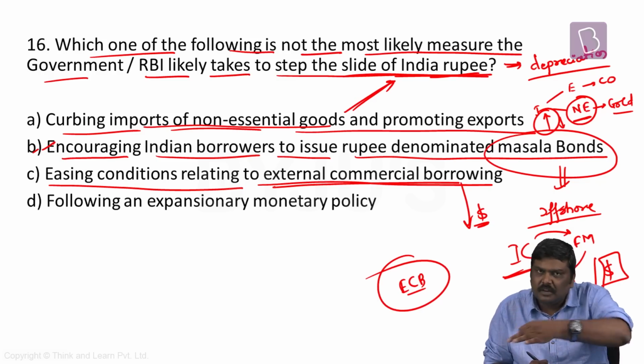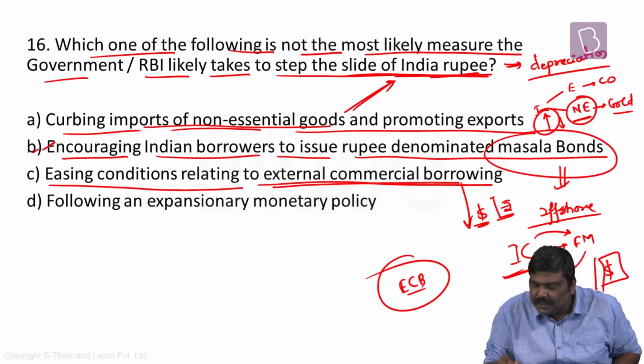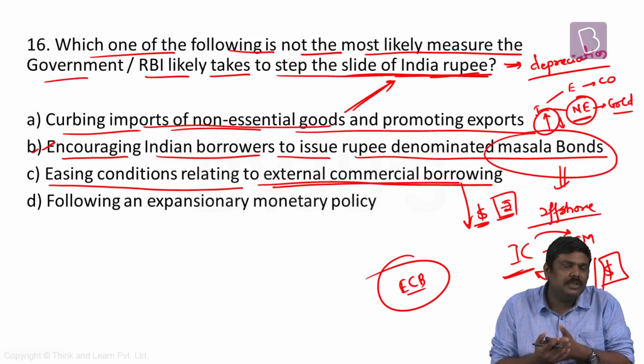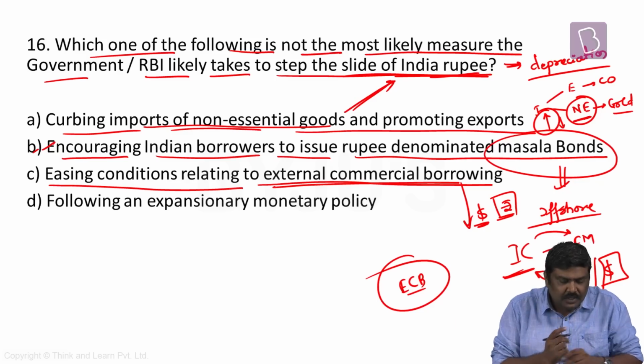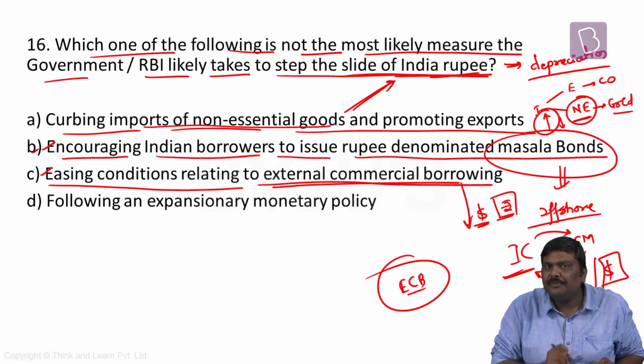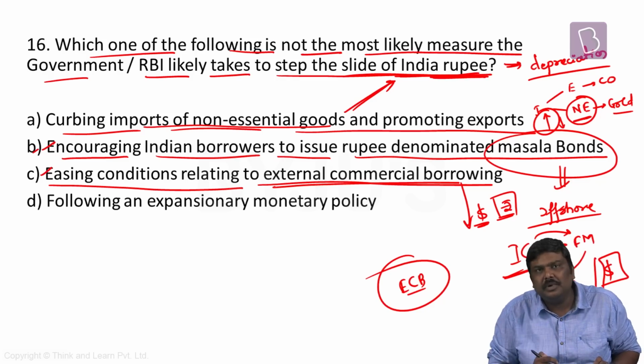And when the dollars are infused, there is a demand for rupees, and when there is a demand for rupees, the rupee will start appreciating rather than depreciating. So even C is a point taken by the Government of India or RBI to control the slide, or depreciation, of the Indian rupee.